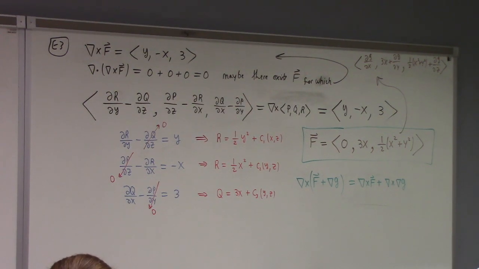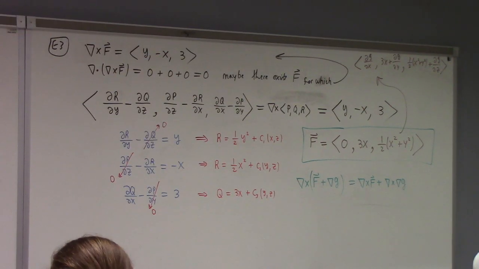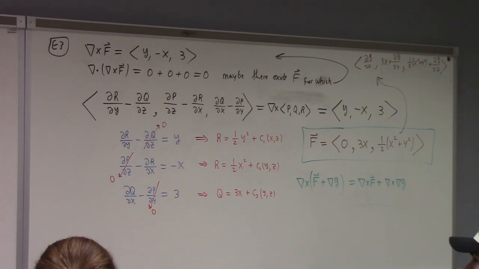All right? If we believe the proof, allegedly we can do this. F of r is the integral from my base point, x naught, y naught, z naught, where I want the potential to be 0, to my arbitrary point x, y, z, of F dot dr.